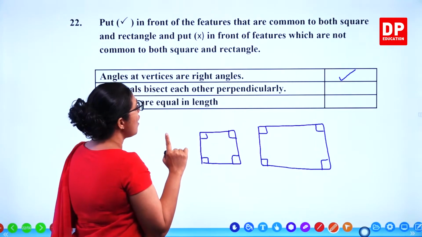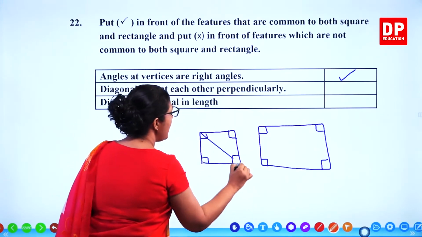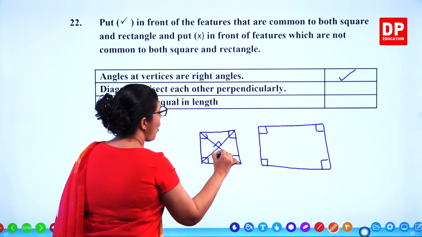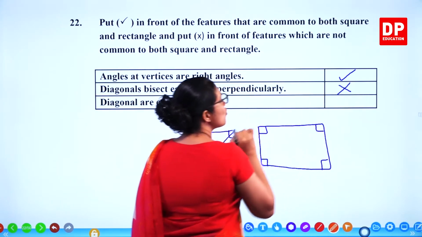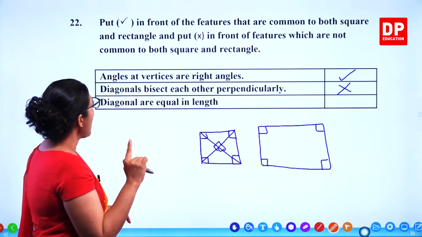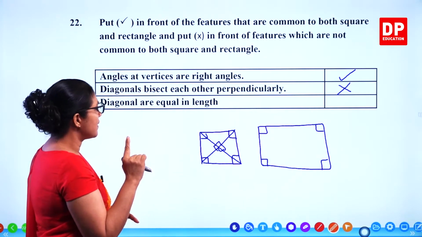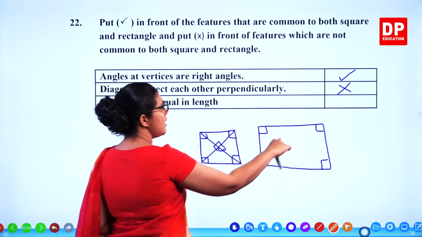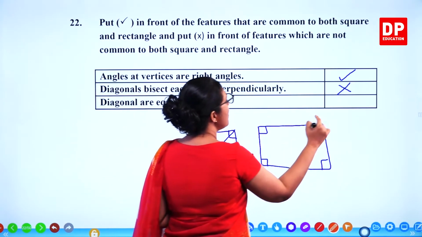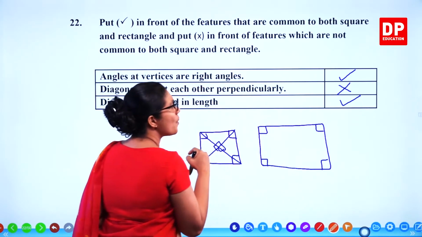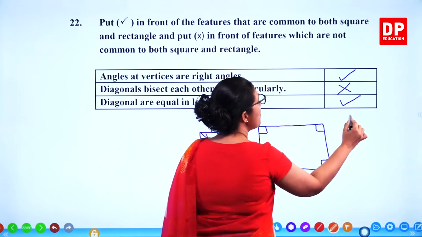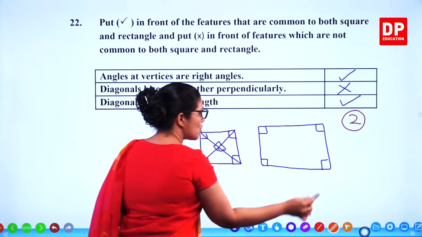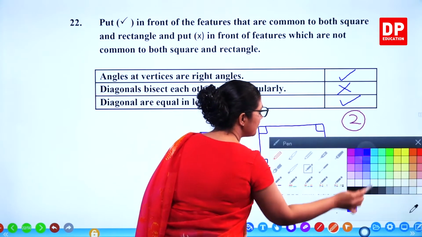Diagonals bisect each other perpendicularly. Only for a rhombus it happens, not for the rectangle. So that's wrong. Diagonals are equal in length. So diagonals are equal in both rectangle and square. So that's correct. So you get 2 marks for these answers.